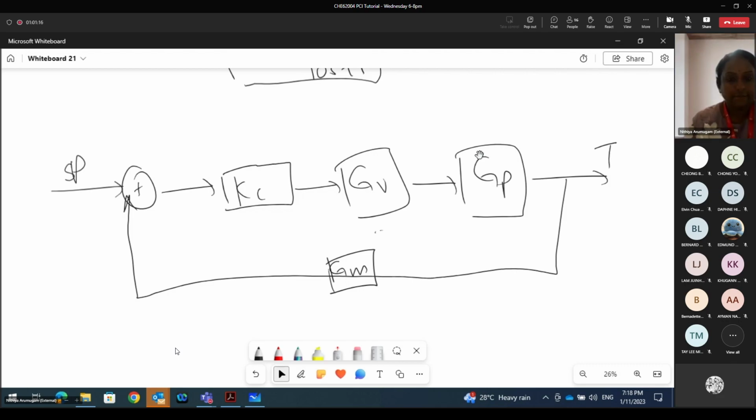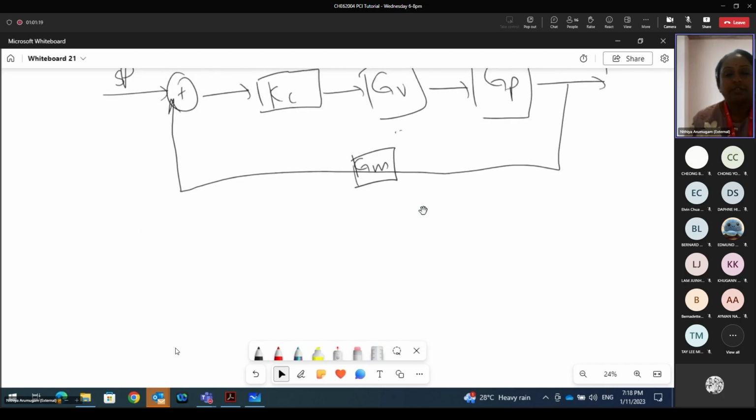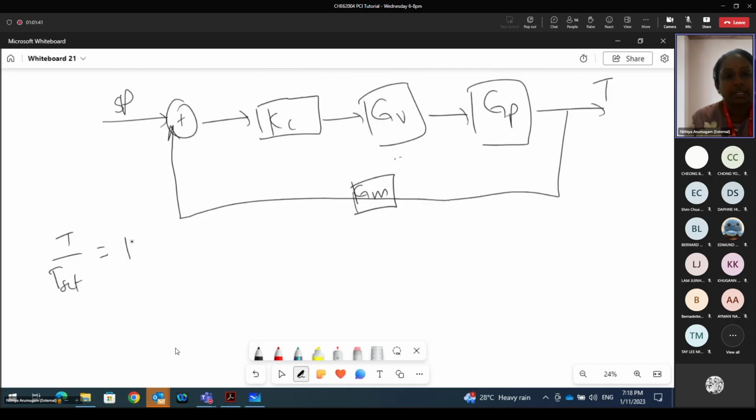Now, for a set point change T over T set, in order for us to derive the transfer function, first we start with the T over T set given in the question. For the T outlet, the output here, if you notice, it is actually the multiplication of Kc times Gv and Gp. And T set is the 1 over Kc, Gv, and Gp.